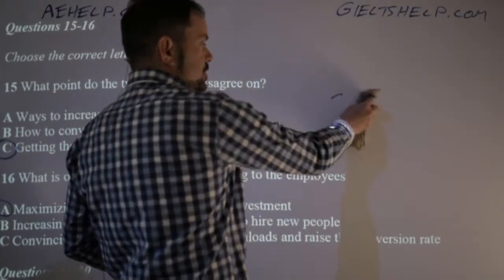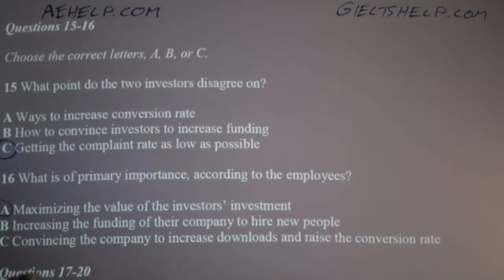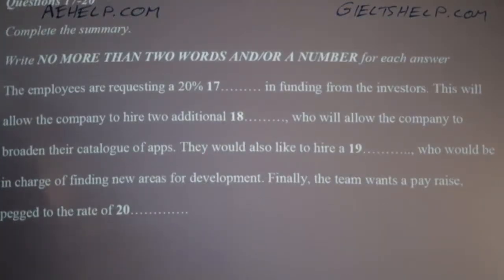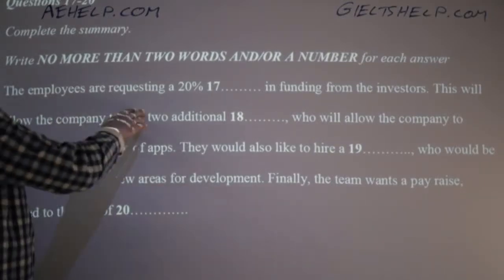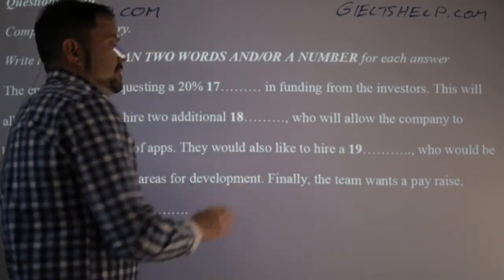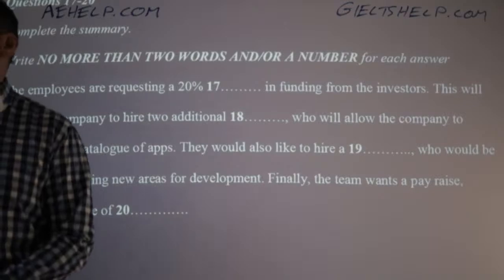Staring at the choices will not help you on the multiple choice. Okay. All right, this last one was a little bit of a paragraph completion. The employees are requesting a 20% something in funding from the investors. What are they requesting? 20% what?